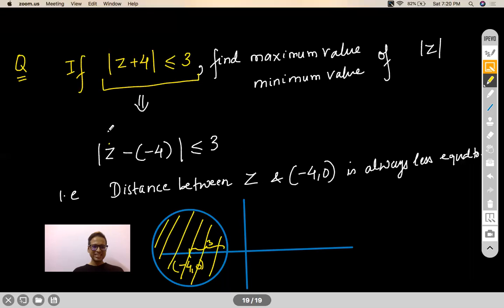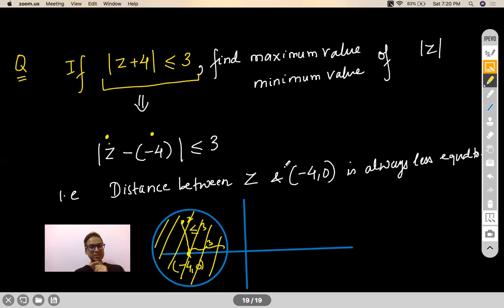So in the same way, the distance between z and -4, the center, is always less than or equal to 3. That means if you take a circle of radius 3 with the center at (-4, 0), you are within or on the circle. Are you getting my point? This is what that question is trying to convey indirectly.